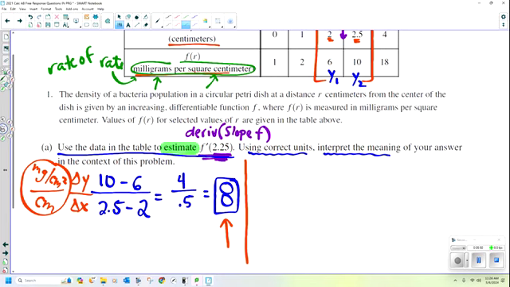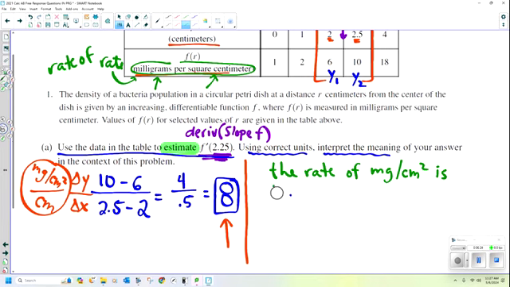Or you can say the rate of milligrams per square centimeter is increasing. All right, don't just say milligrams per square centimeter is increasing. It is the rate of it. So, and I think that's exactly how I'm going to start writing it out. The rate of milligrams per centimeter squared is increasing.